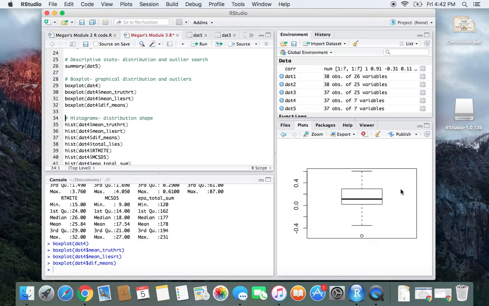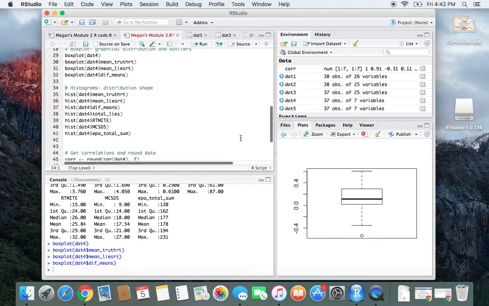And we can see that we actually have an outlier on the negative end here, which is pointing to the idea that since the difference between the means is calculated from the truth reaction time subtracted from the lie reaction time, this one particular participant actually took a longer time to tell the truth than to lie, which is a little bit abnormal, significantly longer time.